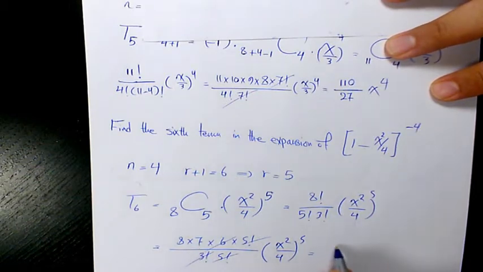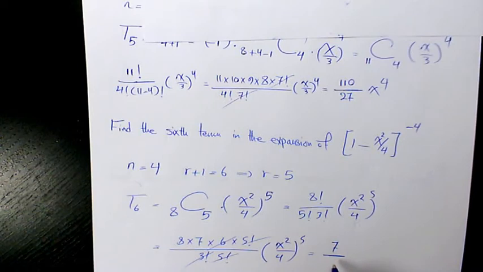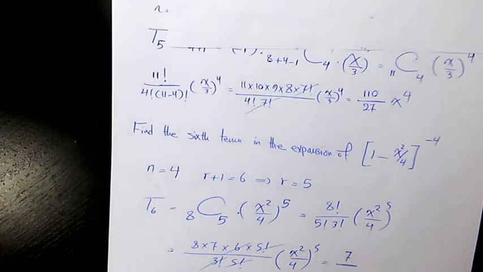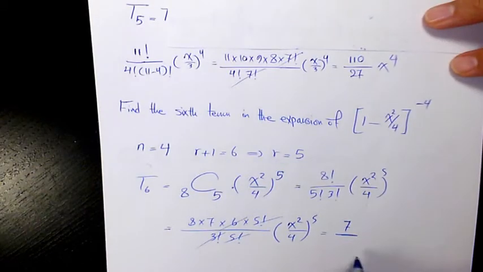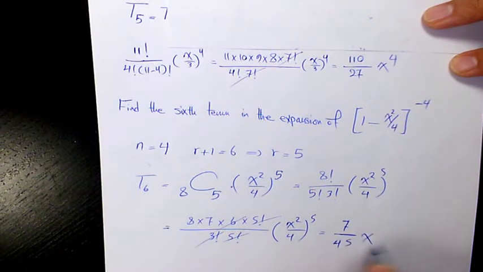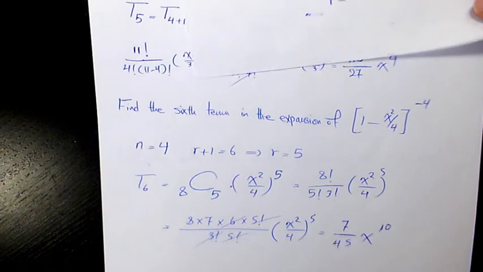It's going to be 7 over 4 to the power of 5, x to the power of 5 to the power of 2, or 2 to the power of 5, is going to be x to the power of 10. Let's see the next example.